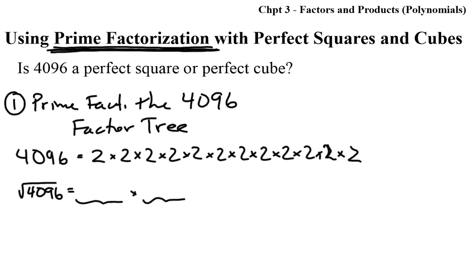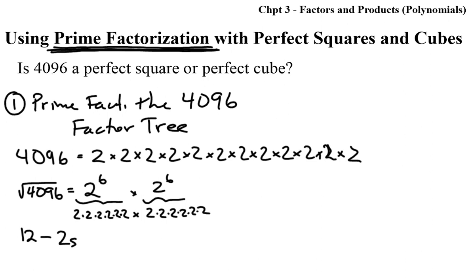Well, in this case, because there are 12 2's, I could have 2 to the 6, which is 6 2's, times 6 more 2's.